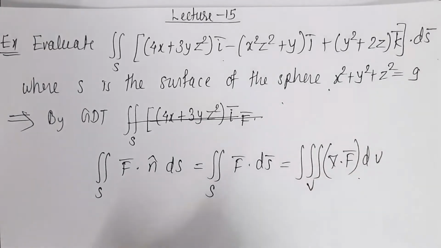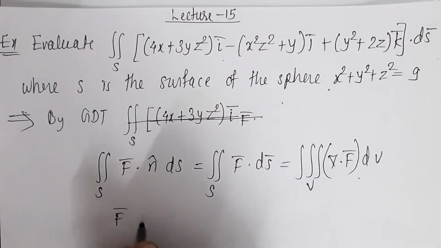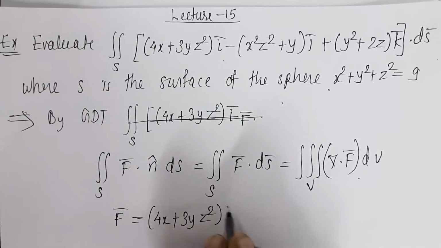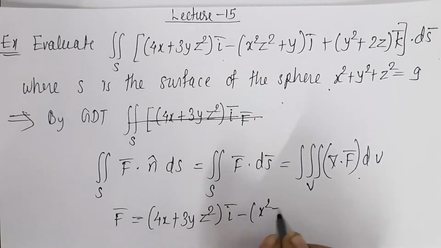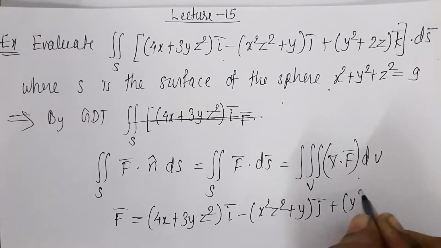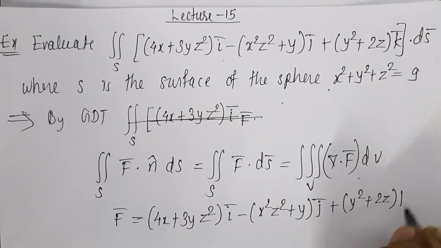Now what we want here is del dot f. So f is given as (4x plus 3yz²) i minus (x²z² plus y) j plus (y² plus 2z) k.